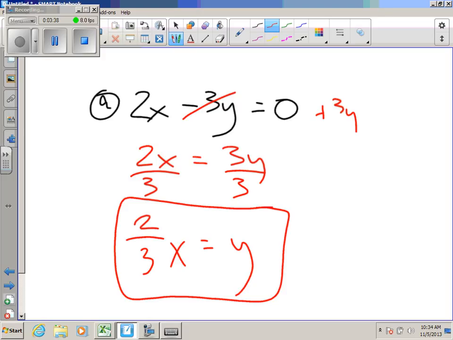And our constant of variation in this case, like before, it was 5 because it was y equals 5x. If 5 was our constant of variation before, what's our constant of variation in this one? It was y equals 5x, and 5 was our constant.